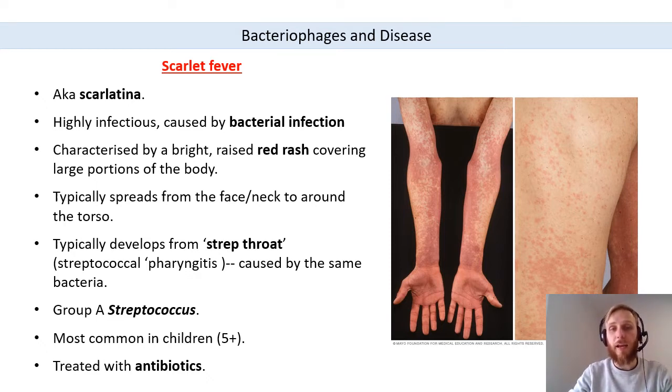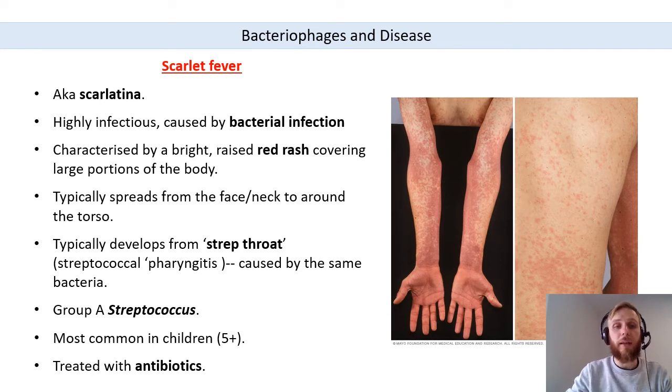Firstly, we have scarlet fever. So scarlet fever, sometimes called scarlatina, is a bacterial infection. However, the bacteria that causes it is only able to cause the disease symptoms when it carries a specific gene that is introduced into the bacteria by a bacteriophage.